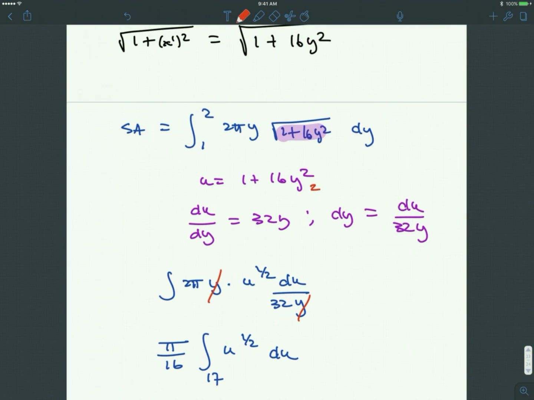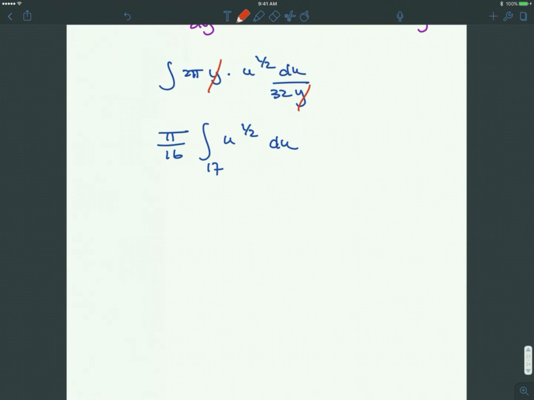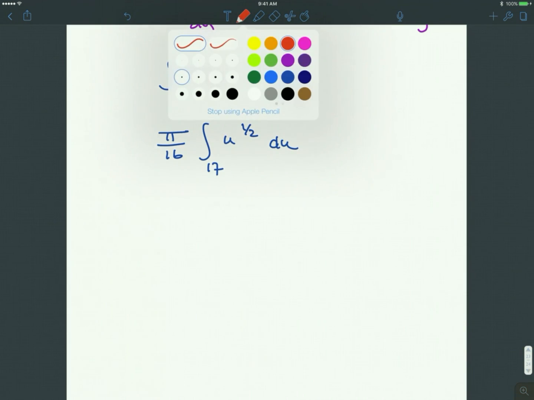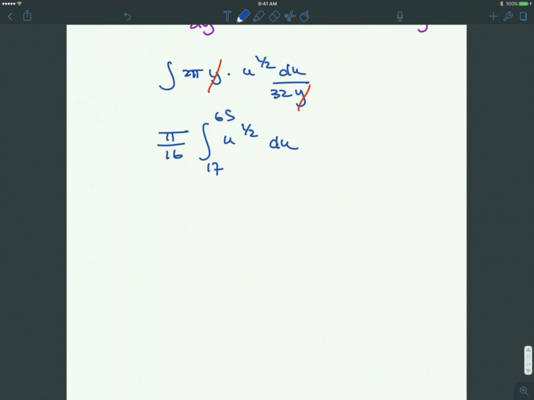I get 1 plus 16 times 4. So 16 times 4 is 64, plus 1, we get 65. So 65 for the upper limit. Lower limit 17, 65 is the upper limit.